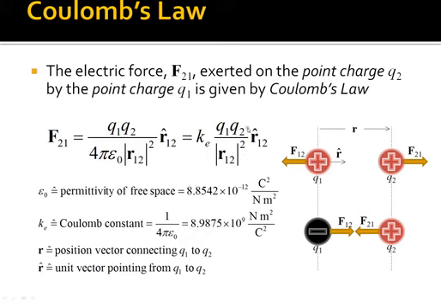And to get the direction, we have to multiply by a unit vector that points in the same direction as the distance vector between the two objects. So this is a unit vector that tells us the direction in which the force acts. This is the magnitude of the vector squared, so this is the distance squared. This is the direction that the force vector points.